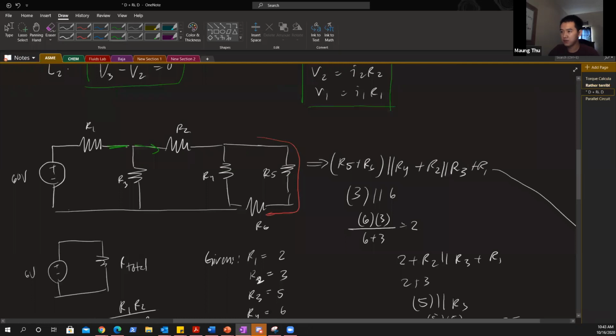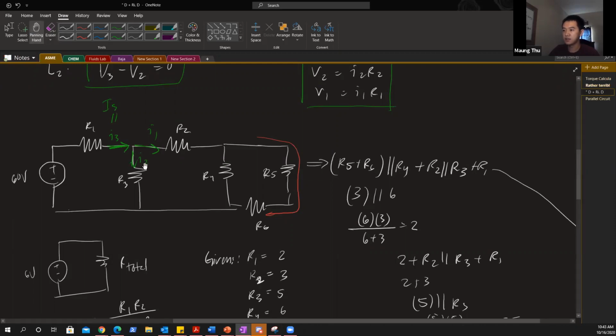You should know that there's current 1, current 2, current 3, and you want to figure out the current of I1 and I2, and your I3 will be your current source, because your current 1 and 2 are in parallel, right?